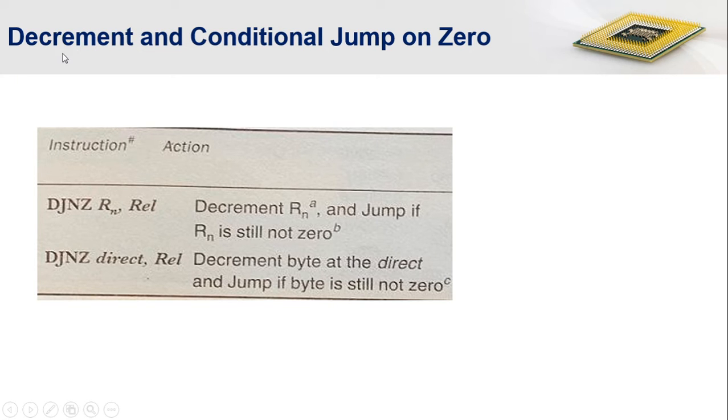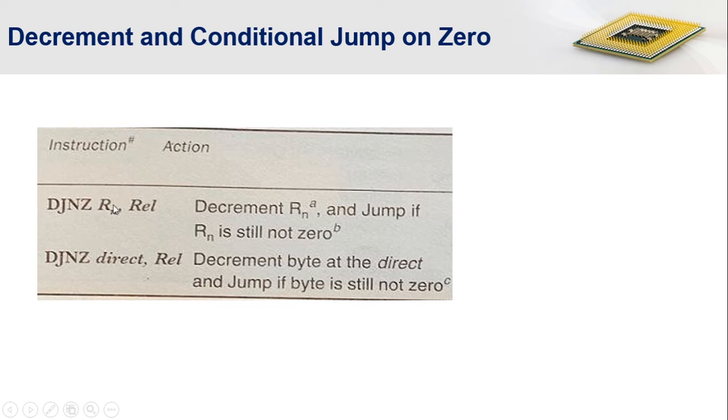Now we can consider some special cases for this jump instruction, that is decrement conditional jump. That means DJNZ, decrement and jump if it is non-zero. Here we have a register content comma a relative address.